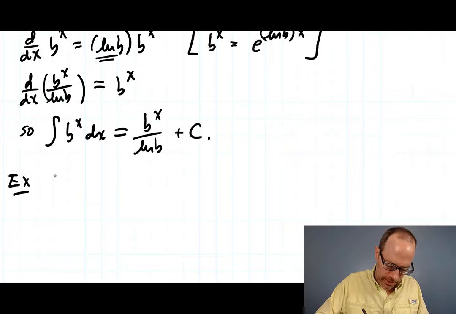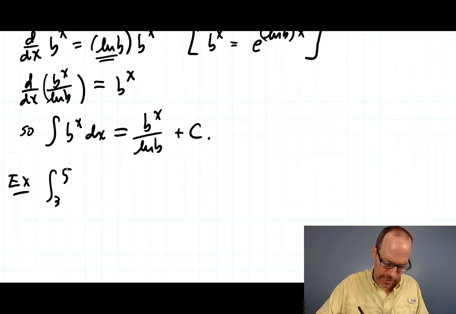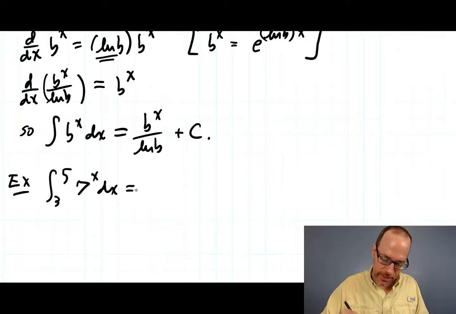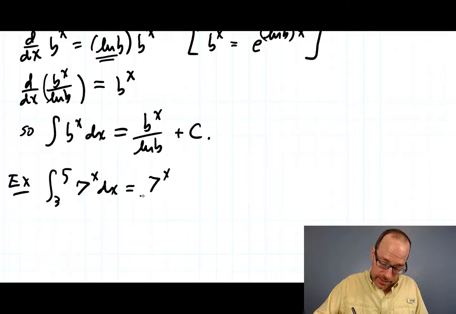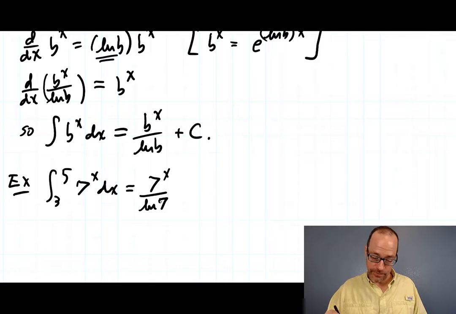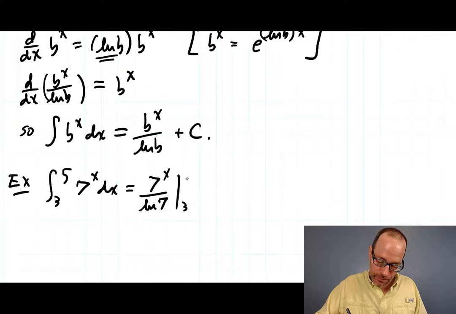Let's do the integral from 3 to 5 of 7 to the x dx. Well, we know an antiderivative is just 7 to the x all over log 7. That's what we wrote right above. And then we evaluate this from 3 to 5.